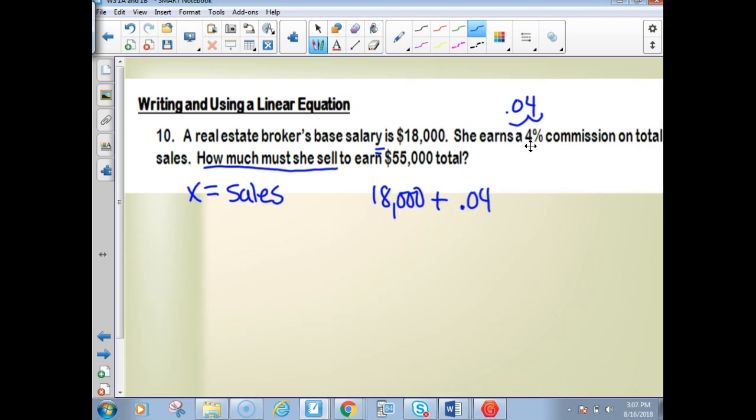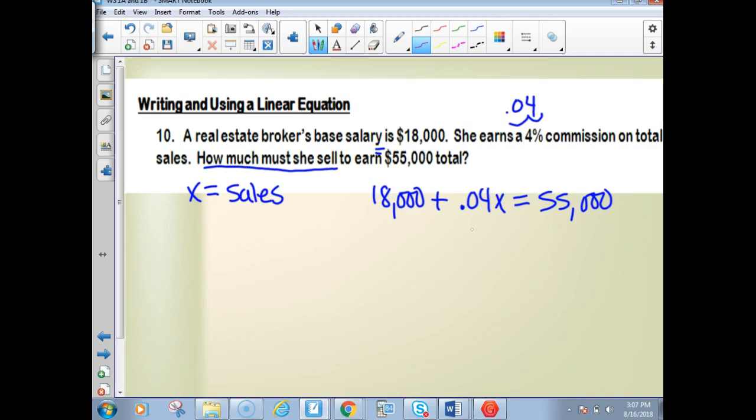What is she getting 4% of? And in math, of means multiply. Of what she's going to sell: sales, x. That combination of her base salary plus her commission is what she makes, and she wants to make 55 grand. So she's trying to figure out what she's going to have to sell to do it. Good strategy and a very great life skill for the workplace.